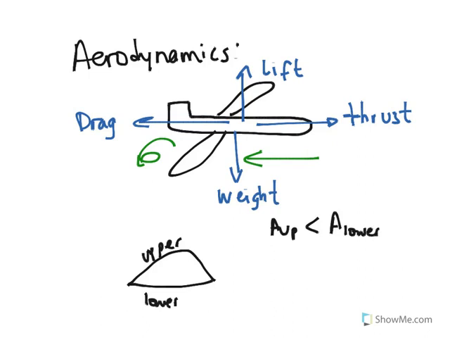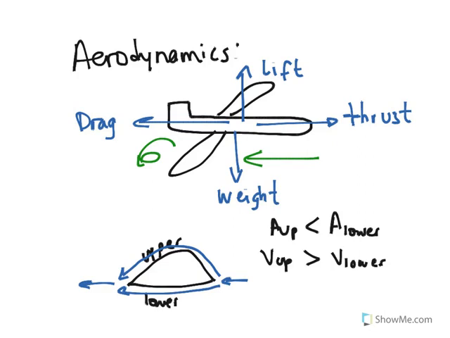This is, of course, for the air, because the air that enters any given point has to travel exactly the same amount of time upwards and downwards in order to reach the exit point. And then, in this situation, the velocity upwards has to be higher than the velocity at the lower part. So, due to the continuity equation, the area at the upper part has to be lower than the area at the lower part.